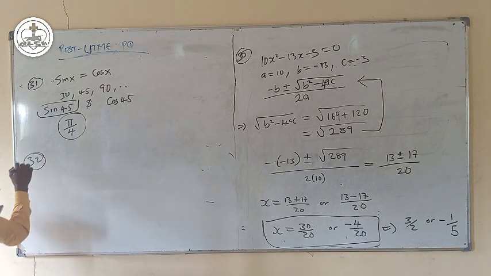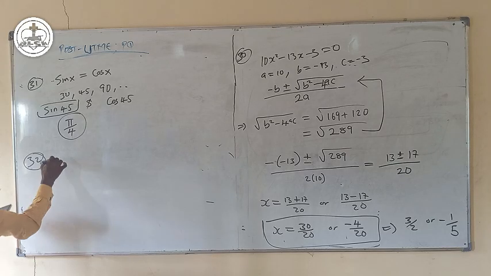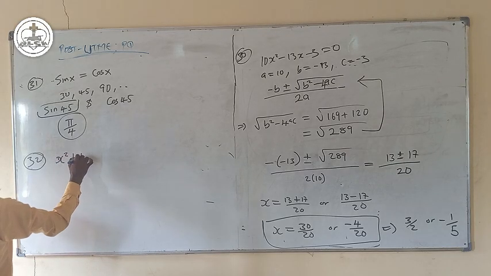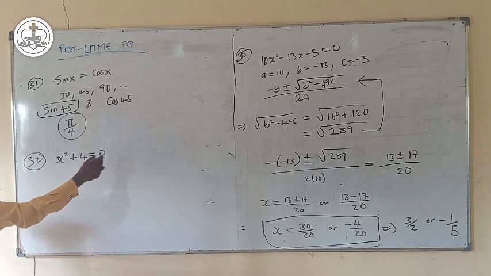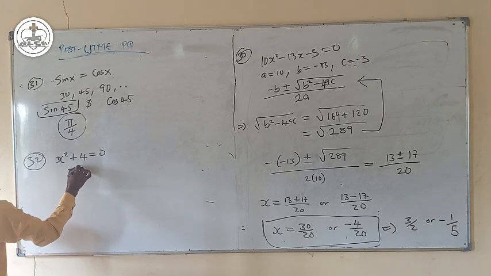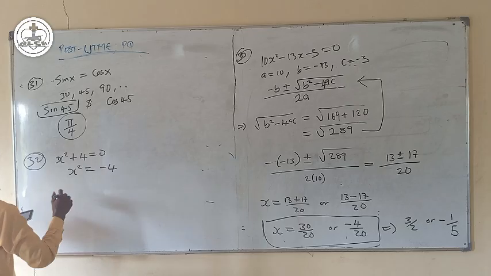Our next question: if x squared plus 4 is equal to 0, then what is x? This is going to be x squared equals minus 4.